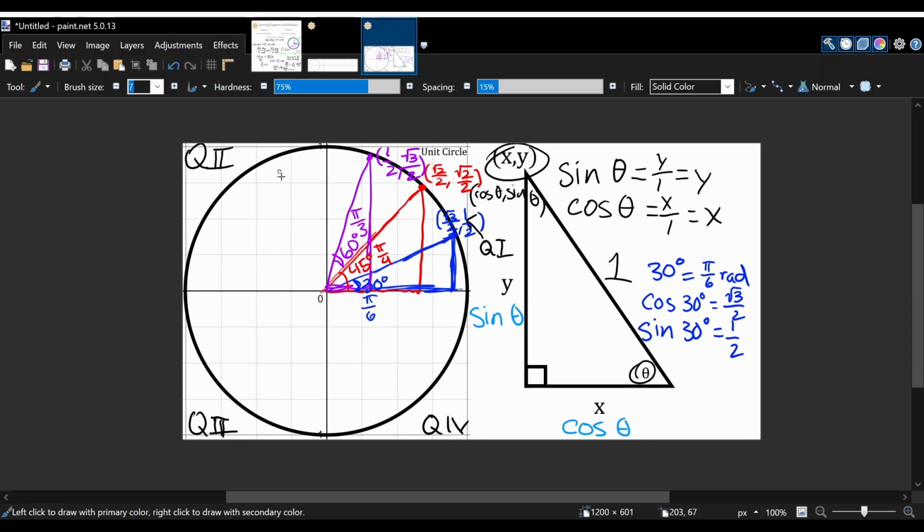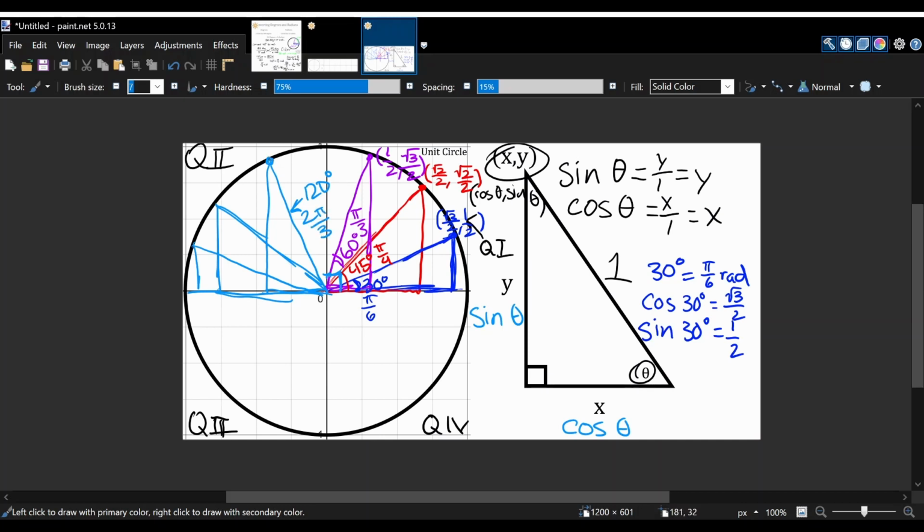But let's just go ahead and look at the other quadrants. And I think you'll start to see a pattern here. I'm just going to do all of these in the same color. This one right here, we see that angle is 90 degrees, and we go another 30 degrees over, so this is 120 degrees, or 2 pi over 3 radians.